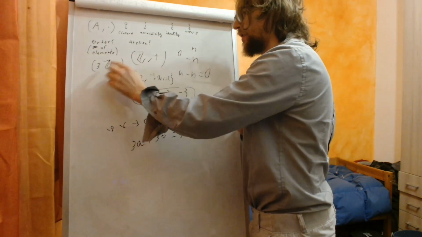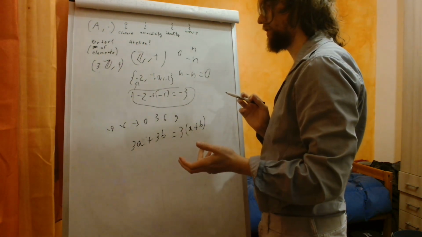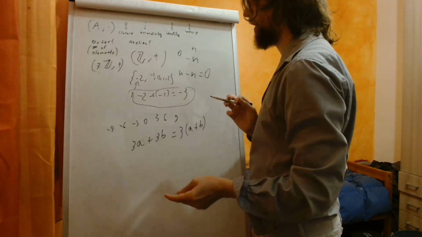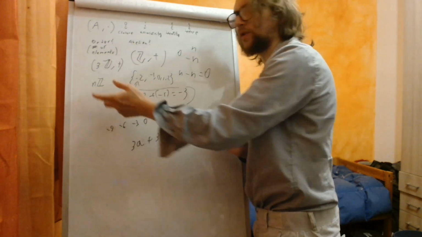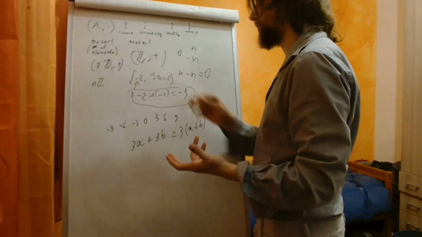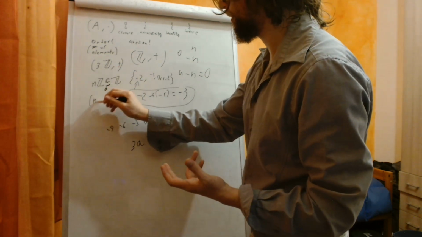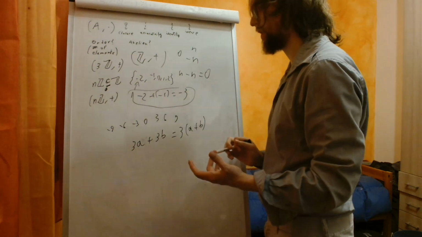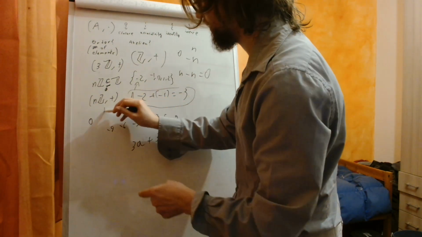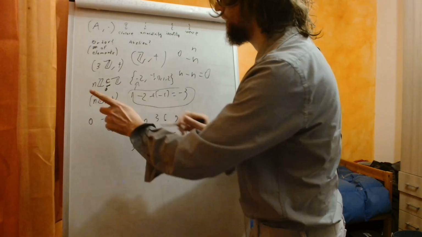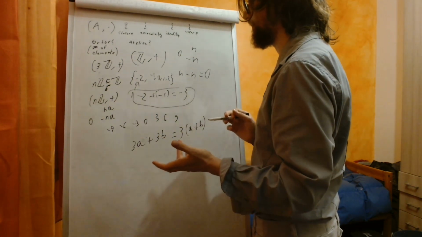Now when a subset of A is also a group with the same operation, we call it a subgroup of A. So 3Z is a subgroup of Z, and of course any subset nZ, the sets of multiples of n for every n, are subgroups of Z. They are subsets of Z, and they are also groups with the operation plus, because they have the identity element 0, for every element a, the inverse minus a is inside the set, the operation is the same, so it also has the associative property.